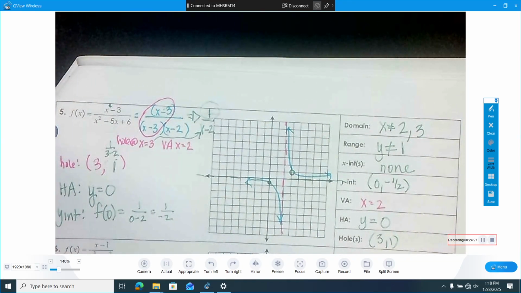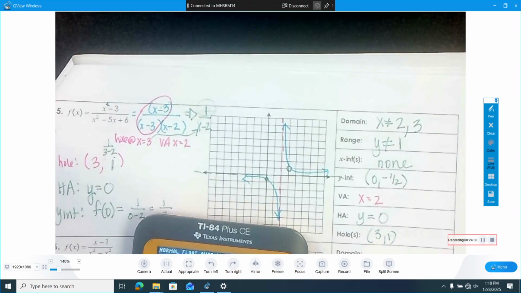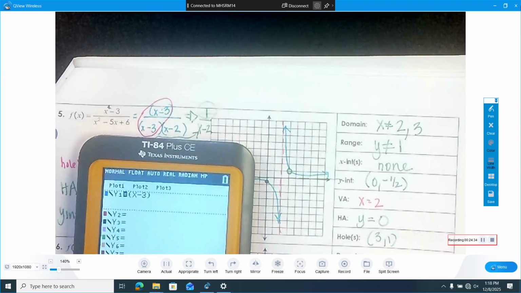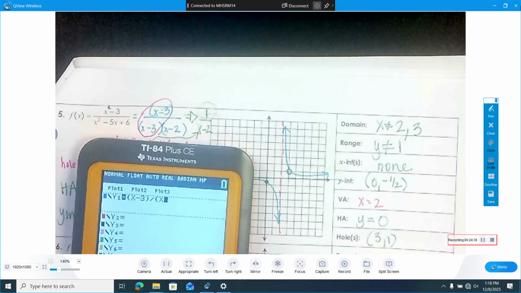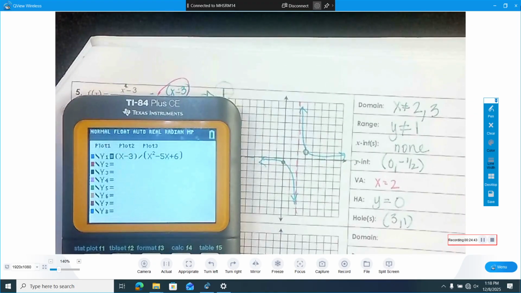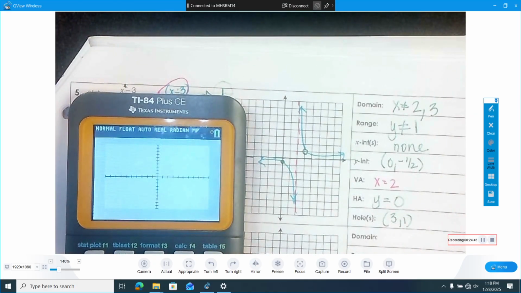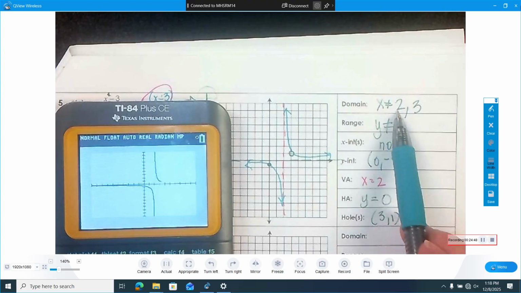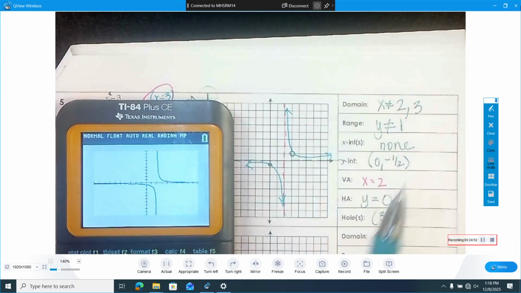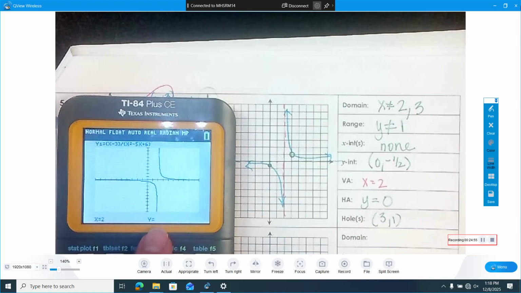Can we check this on our calculators? Yeah, absolutely. I just use parentheses around my numerator, and then x squared minus 5x plus 6 in parentheses around the denominator. We can check a lot of information here. Anything that has an x, we can check easily. I can just hit trace and type in a 2, and you'll notice there's nothing for the y, because it's undefined.